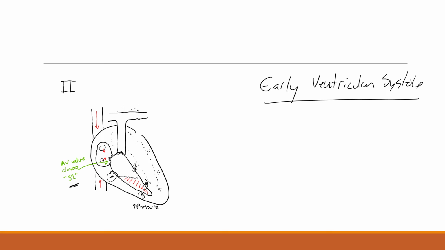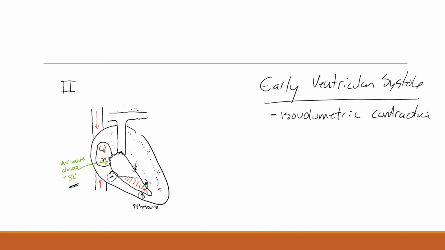All right, and this early contraction, we actually call this isovolumetric contraction. We call it isovolumetric because what's happening is as the pressure is beginning to increase in the ventricles from the contracting muscle, the volume inside the ventricles hasn't changed yet.